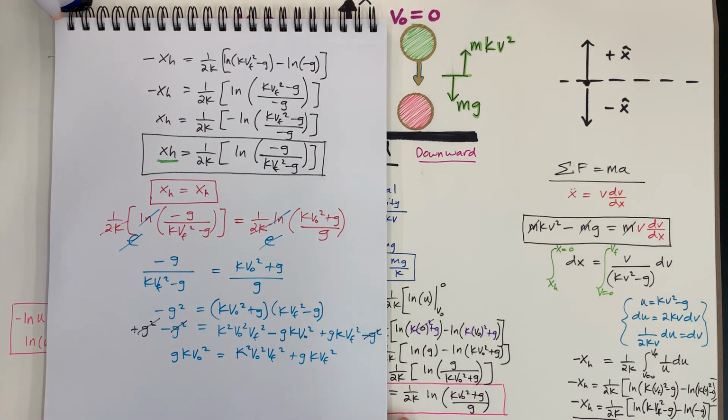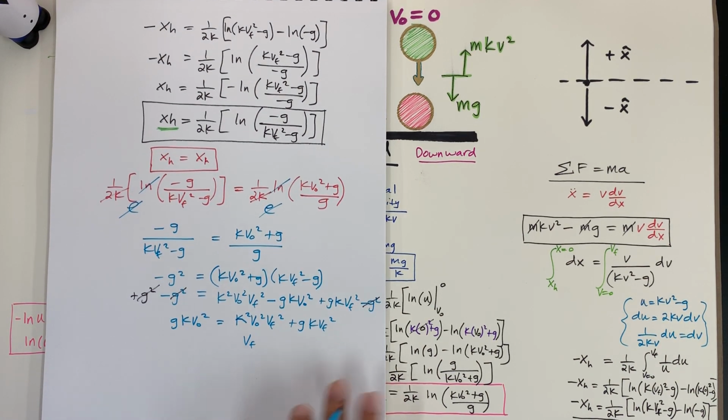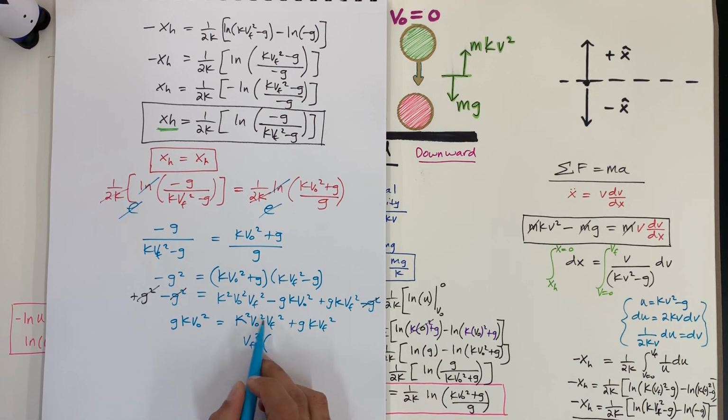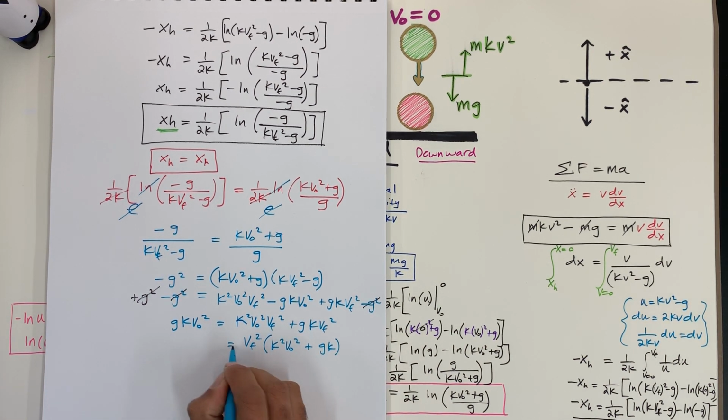So now let's take out v final squared from both of these terms. We're gonna be left here with k squared v initial squared, these two things, plus we're gonna be left with these two things, g k. So everything here still equals the same thing. And let's go ahead and divide this entire thing to this side.